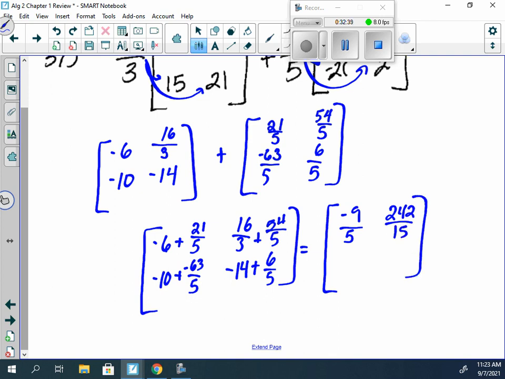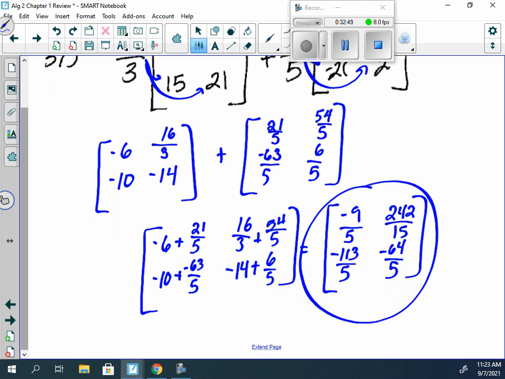So even if you did this one all out by hand, it's going to be a little bit easier in the end to go on and just use a calculator to add and subtract those fractions.